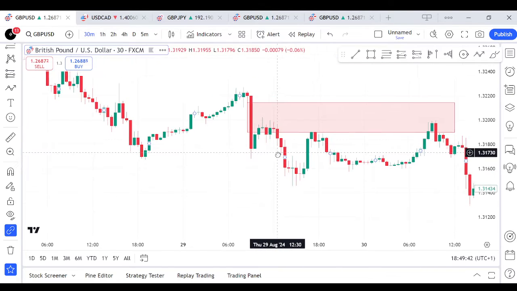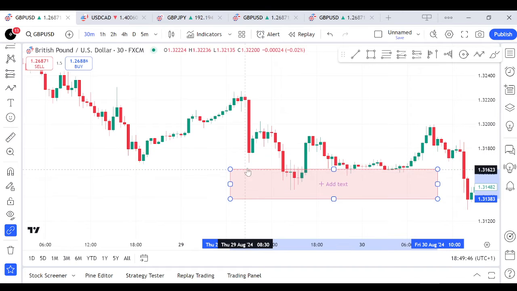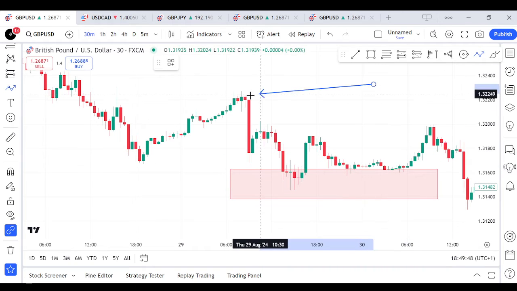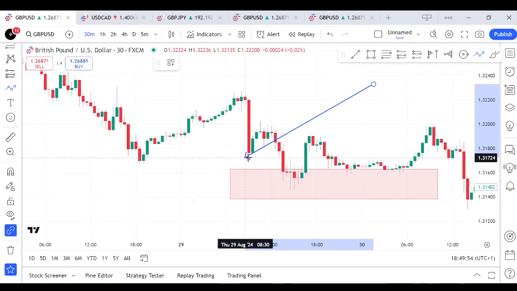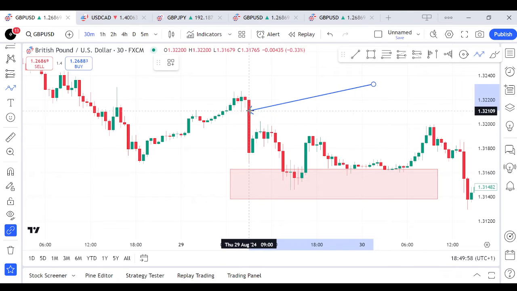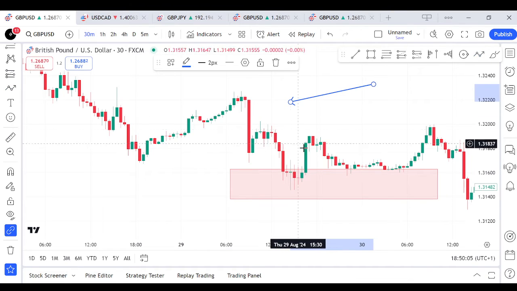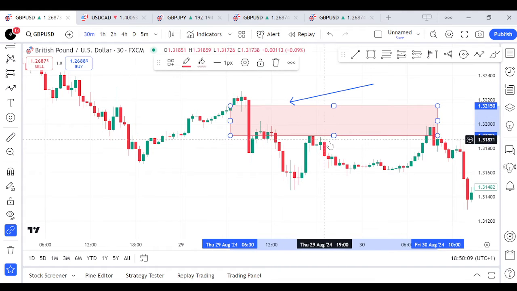So you can see the first candle. Let me just remove this box. This is the first candle right here. This is the second candle, which is a very strong push to the downside, and then the third candle, and you can see there was no buying pressure or buying momentum in this zone, which causes an imbalance, and it's expected that price should come back and use this zone as resistance.